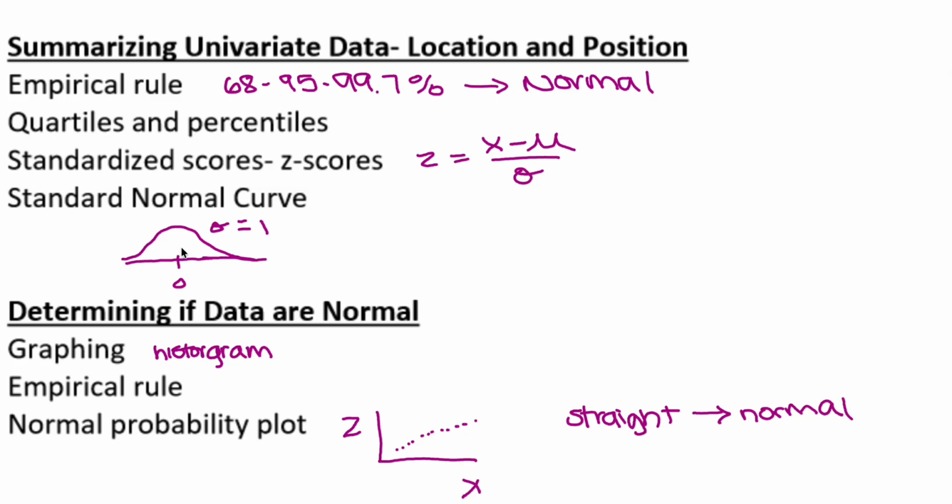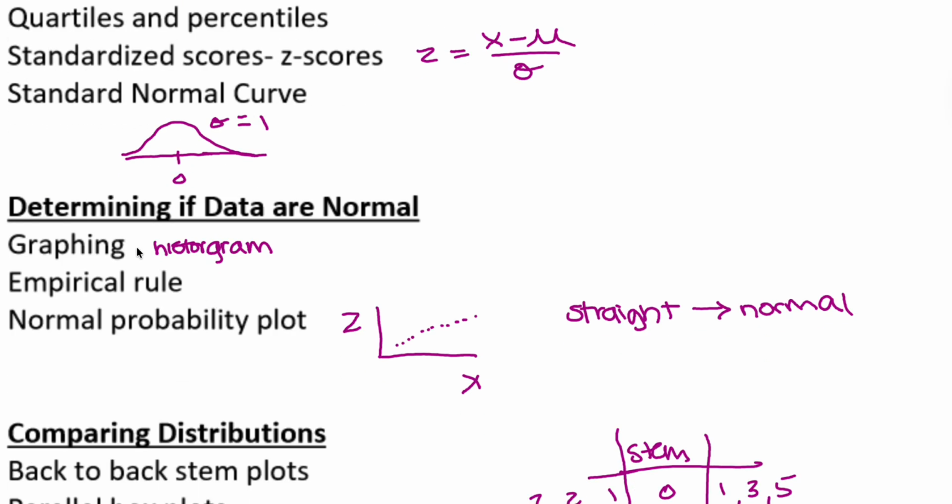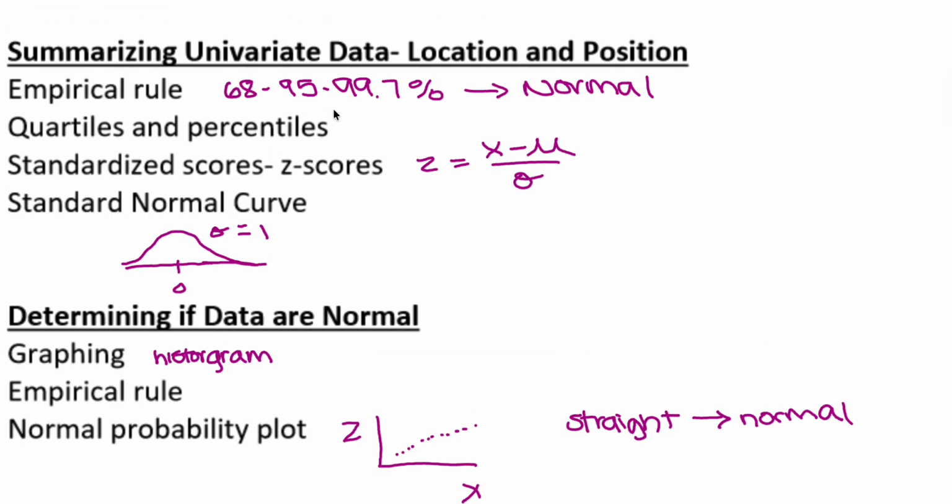Most of the time, the question will give you a mean and standard deviation, or it will ask you to calculate the standard deviation, and in that case, you will first find the mean and standard deviation and put that into your calculator. How do you determine if data are normal? You can use graphing, which is a histogram, on your calculator. Also use the empirical rule, which is 68, 95, 99.7%.